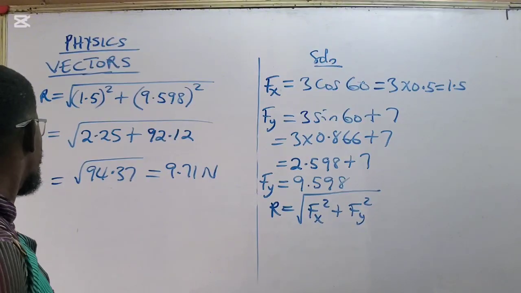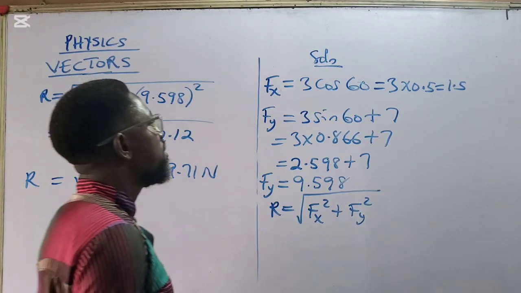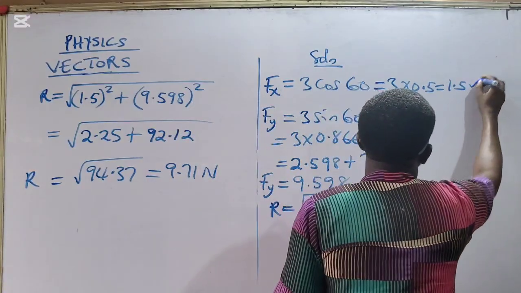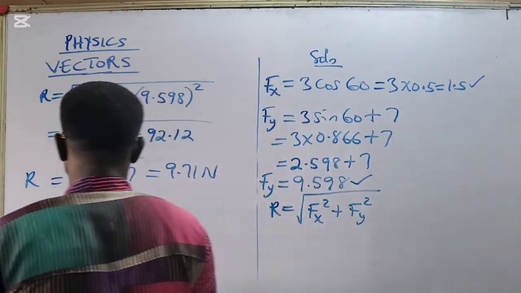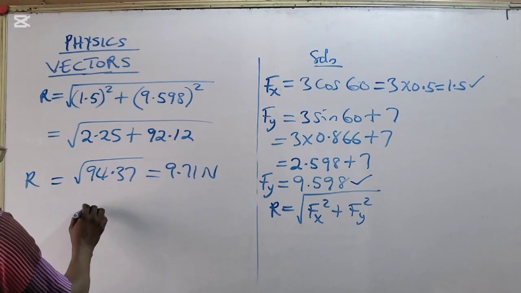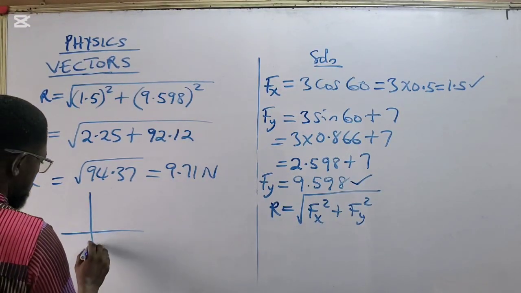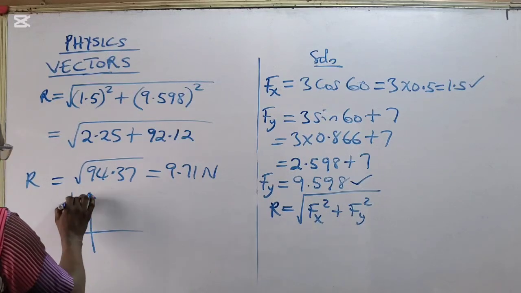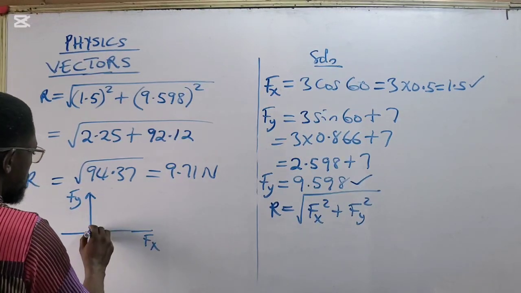So the next is to find the direction. Now you see that Fx is positive, Fy is positive. So we have Fy, we have Fx, and that's the resultant here.